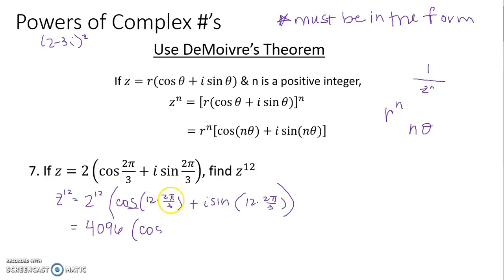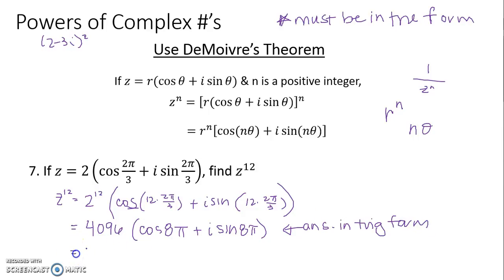Cosine, if I do 12 times 2 pi over 3, that'd be 8 pi. So plus i sine of 8 pi. Again, this is my answer in trig form.